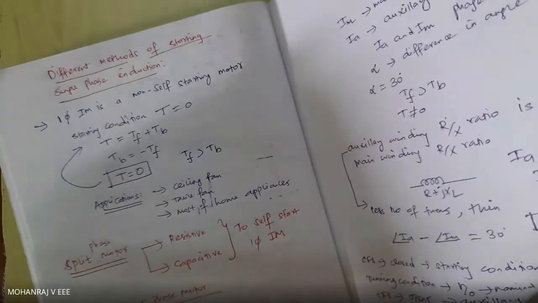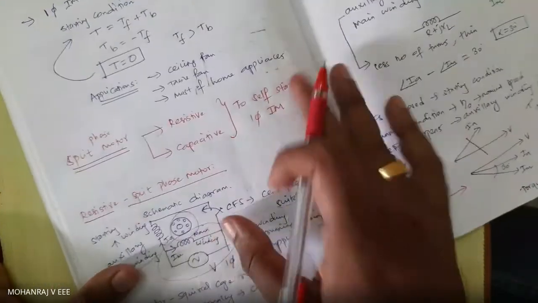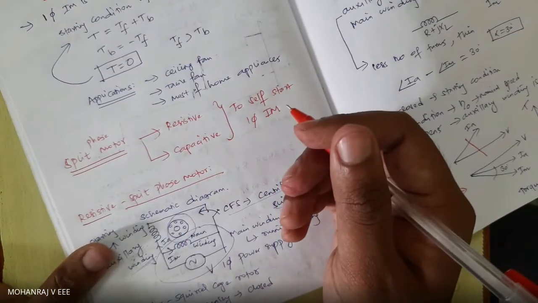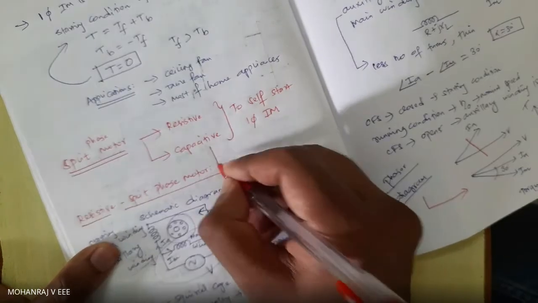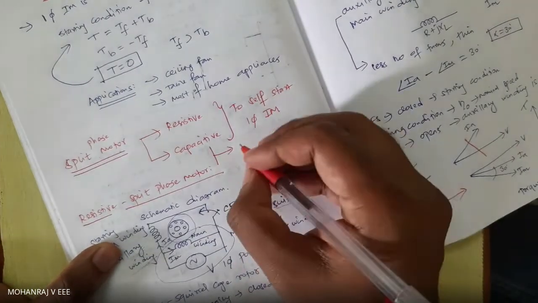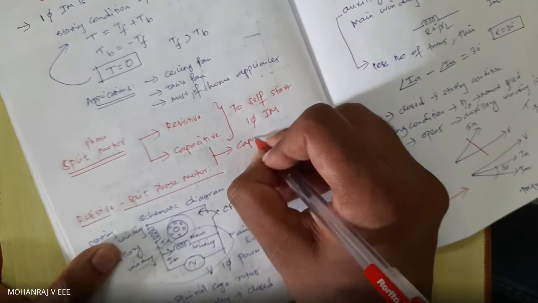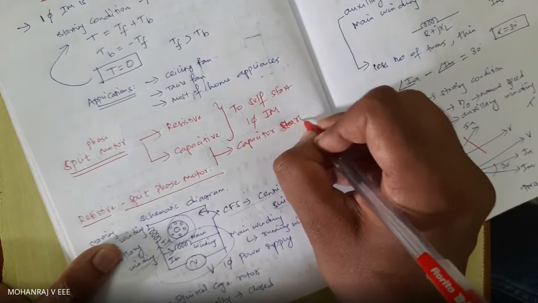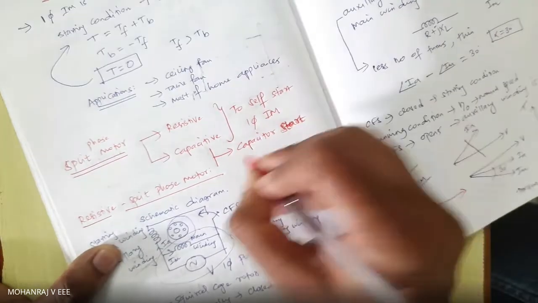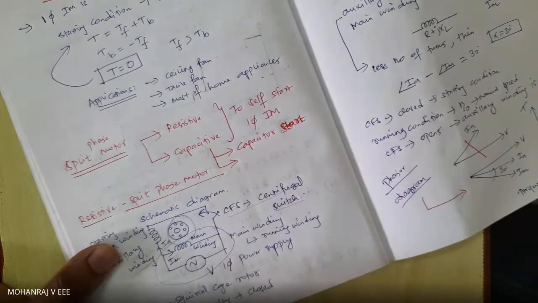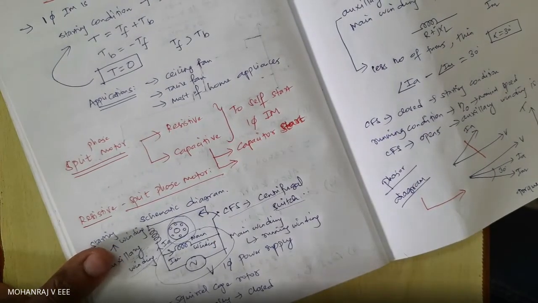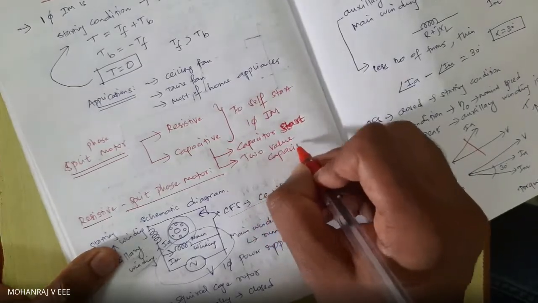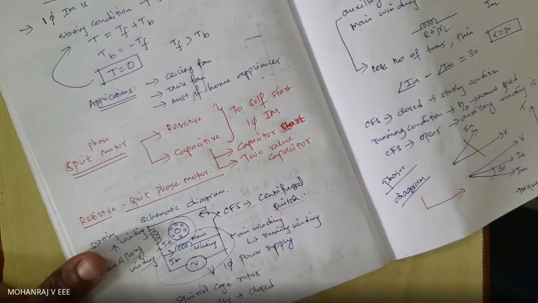Now let us discuss one more type. So what is that? Capacitive split phase motor. In the capacitive split phase motor, we have three types. The first type is capacitor start. The second type is two-value capacitor split phase motor.